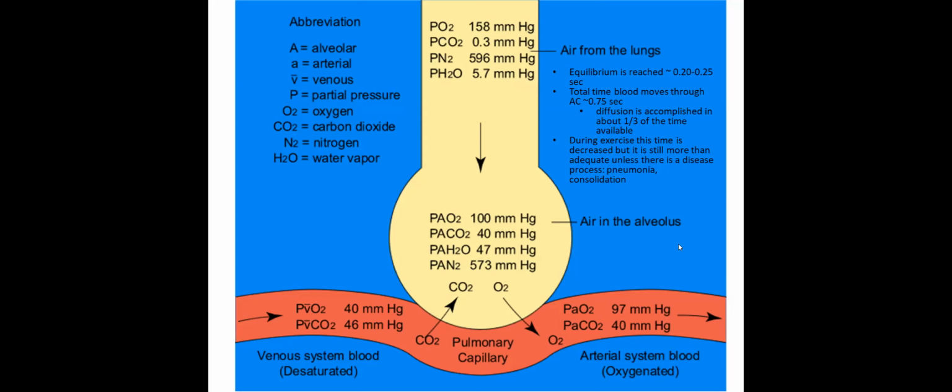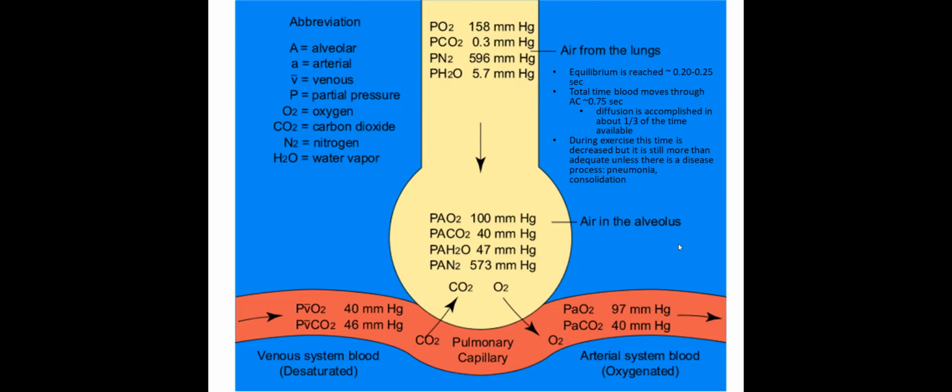Equilibrium means that you're equalizing what's in the alveolus and the capillary, moving oxygen into the capillary and carbon dioxide into the alveolus. This equilibrium is reached in about 0.2 to 0.25 seconds. But the total time blood moves through this alveolar capillary membrane area is about 0.75 seconds. So there's plenty of time for gas diffusion to occur.